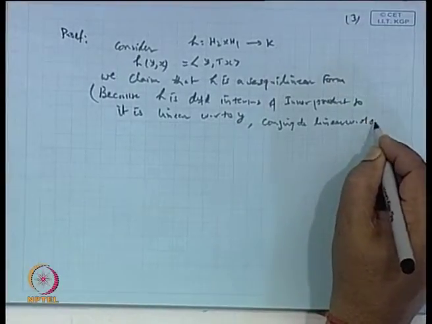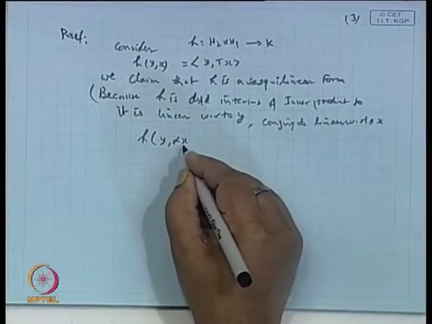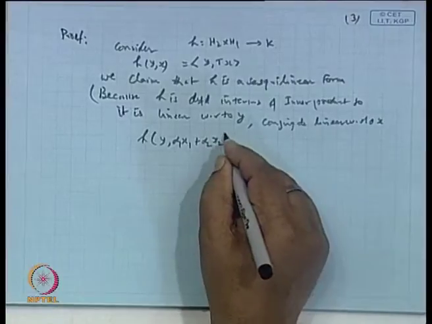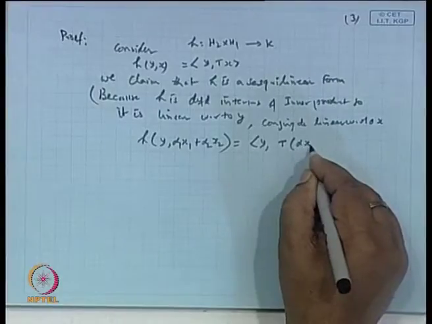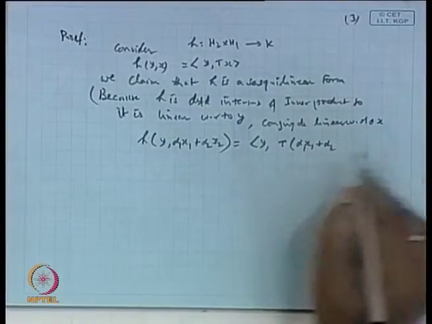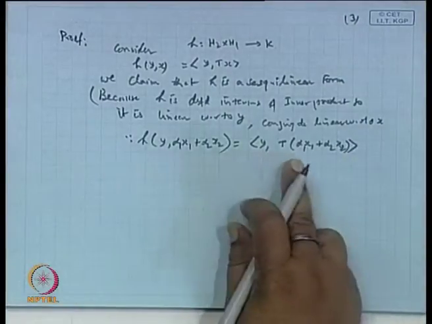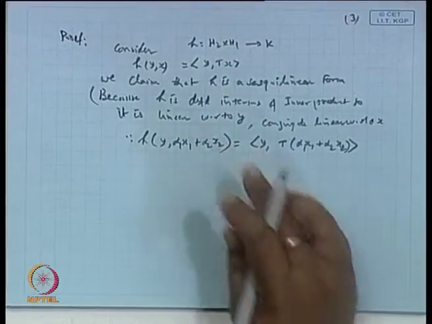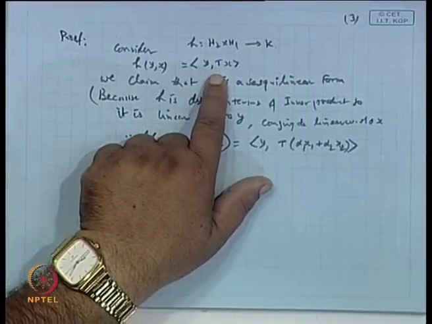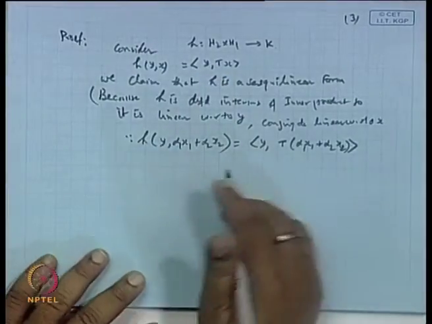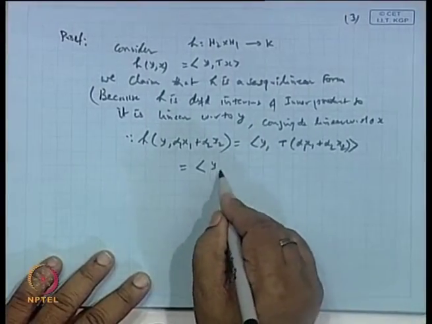it is conjugate linear with respect to x, because if I take h of (y, alpha 1 x 1 plus alpha 2 x 2), then this can be written as (y, T of alpha 1 x 1 plus alpha 2 x 2). We cannot say directly because T is given, but since inner product is conjugate linear with respect to the second coordinate and T is given to be linear, that is why it will be conjugate linear with respect to x also. This can be seen as T is linear.